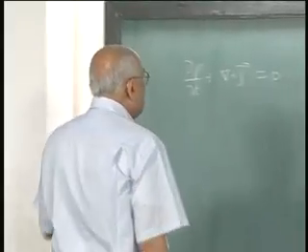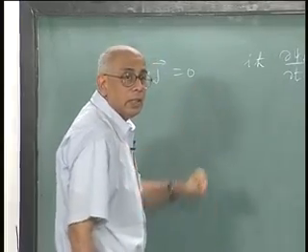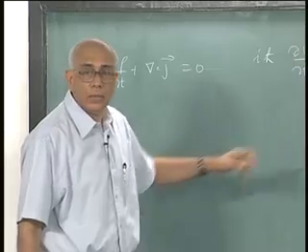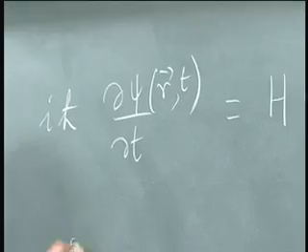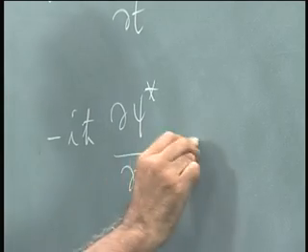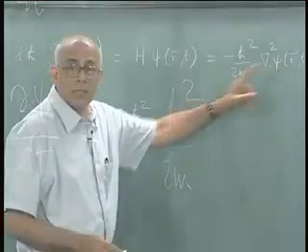The way you derive the probability current is to multiply this equation by psi star, the complex conjugate of psi, and the complex conjugate equation which is minus i h cross delta psi star of r and t. This is equal to, and notice it is h cross squared over 2m, and you complex conjugate it, this thing becomes psi star here.